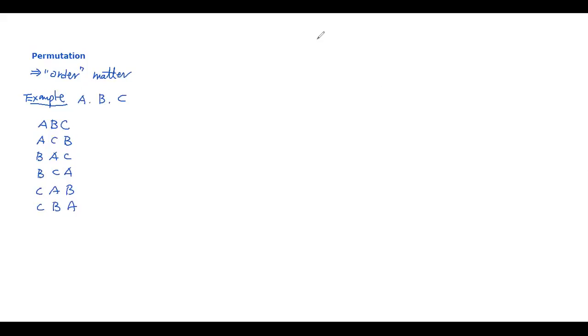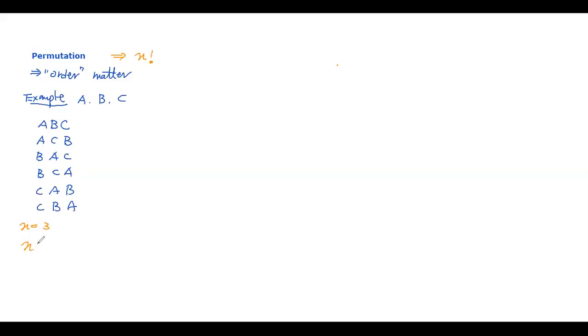The formula we use to calculate permutations is what I summarized, and later we'll go back to review that. It's n factorial. In this example, we have 3 letters, so n is equal to 3.